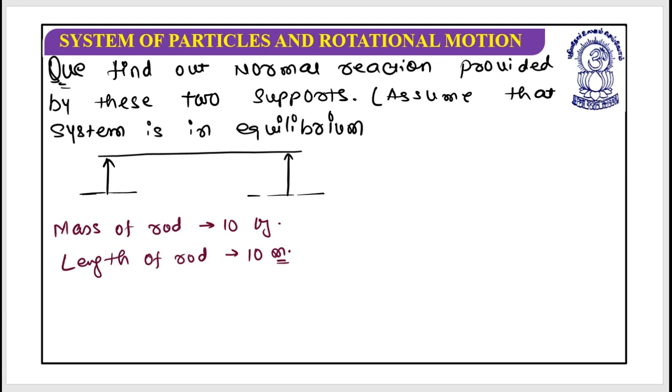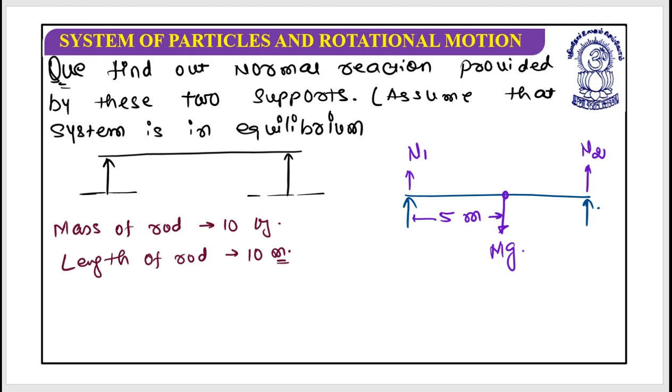The mass and length of the rod are given, and the two supports are at the ends of the rod. So this is the rod, this is the first support, this is the second support, and this must be the location of mg. This mg is acting in this direction, normal 1 is acting in this direction, and normal 2 is acting in this direction. This must be the midpoint, so this is 5 meters, and this is also 5 meters.